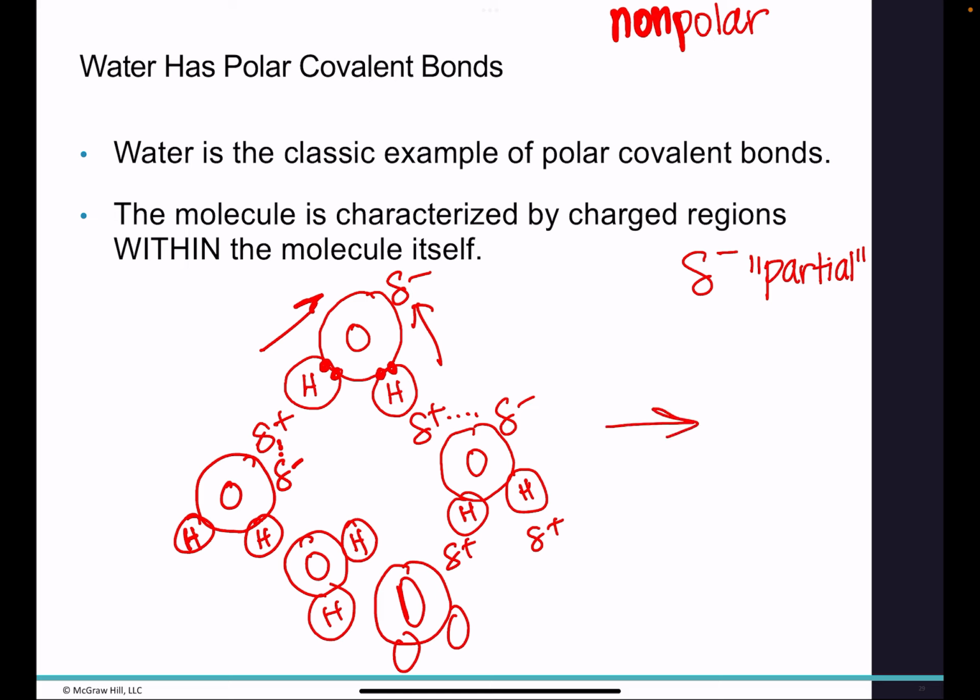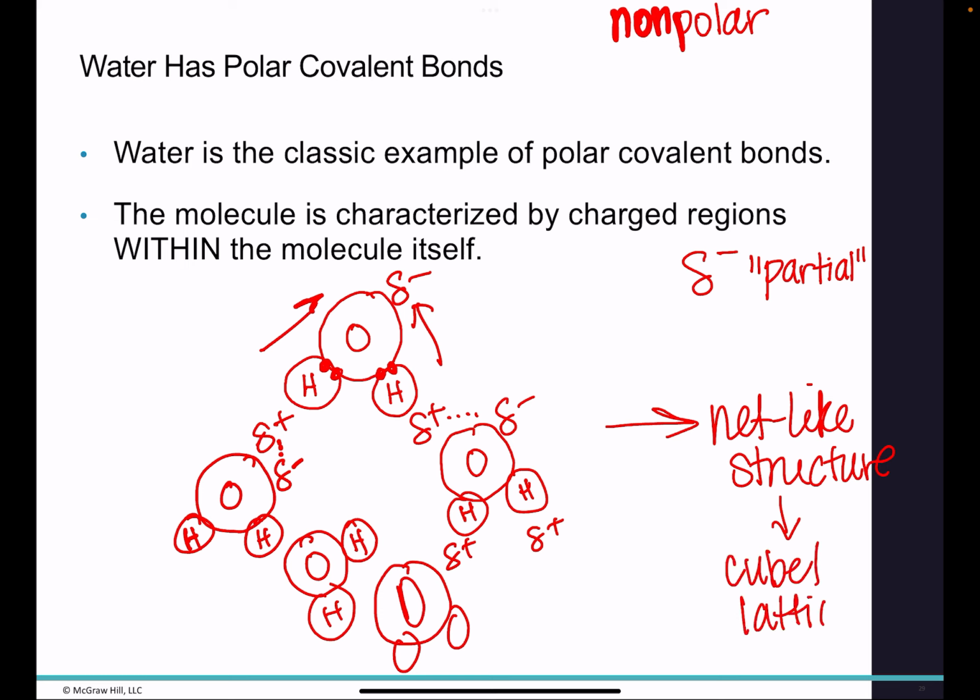Now this is going to produce a net-like structure that is going to end up essentially being a cube or lattice-like structure. So when water is attracted to itself, it produces this really regular pattern of positive to negative attractions. And that is where we are going to get our strong hydrogen bonds in our water molecules.